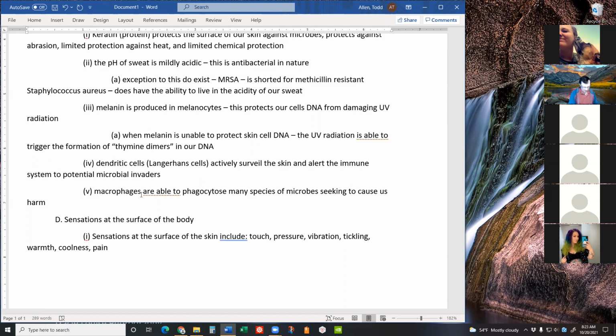So let me just make a comment about that. Within the fabric of our skin's anatomy, there's a variety of different types of nervous system sensors, and one of those are called mechanoreceptors.